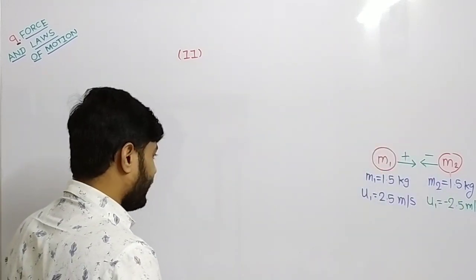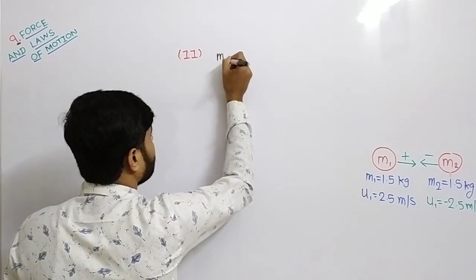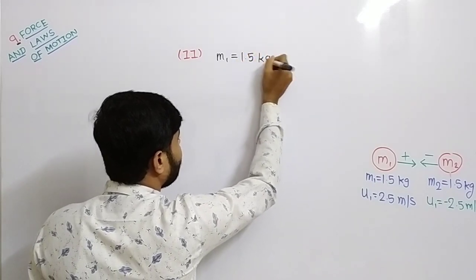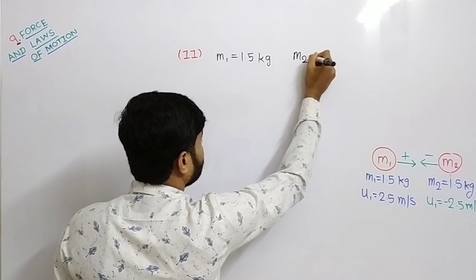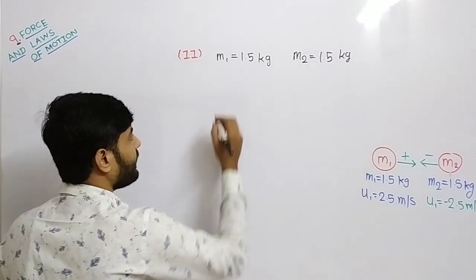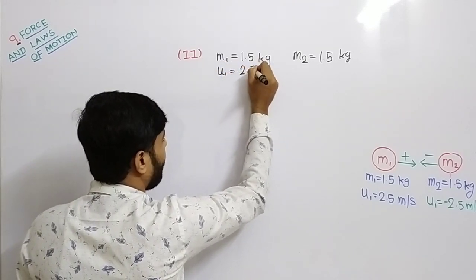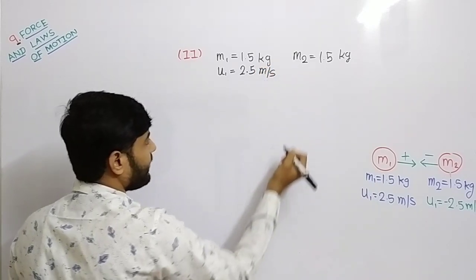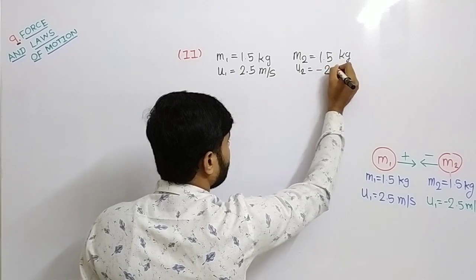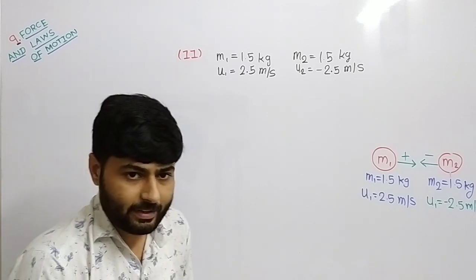Let me write the given data here. We have two objects, with mass M1 as 1.5 kg and mass M2 as 1.5 kg. Initial velocity U1 is equal to positive 2.5 meter per second and U2 is equal to negative 2.5 meter per second. Why negative?